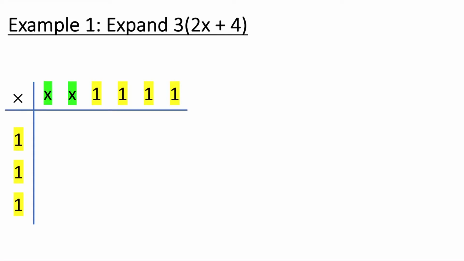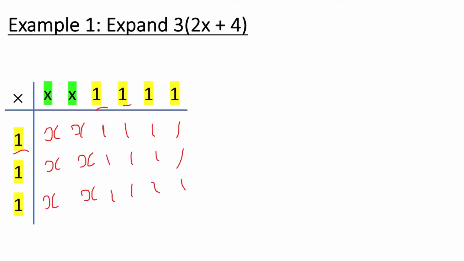So we have x times 1, which is x, x times 1 again, which is x, and we are going to fill out the 2 columns since they will all be the same. Now the final 4 columns, you have 1 times 1, which will give you an answer of 1, and we have 1 times 1 again, which will give you an answer of 1, and we are going to fill that out again.